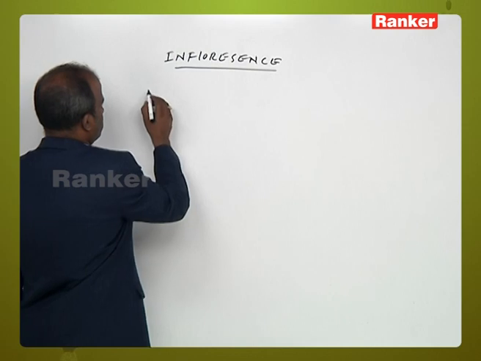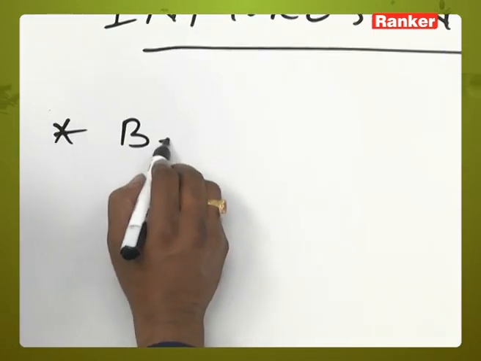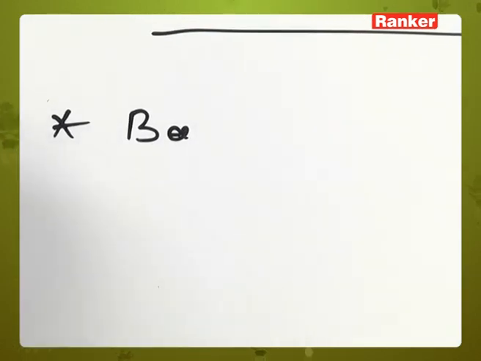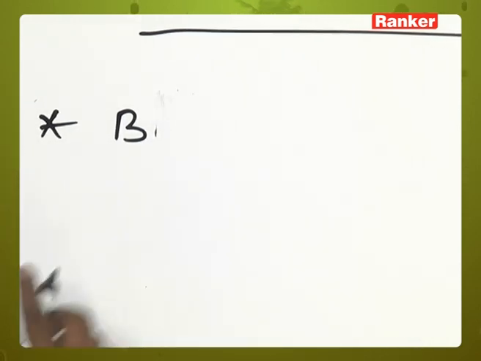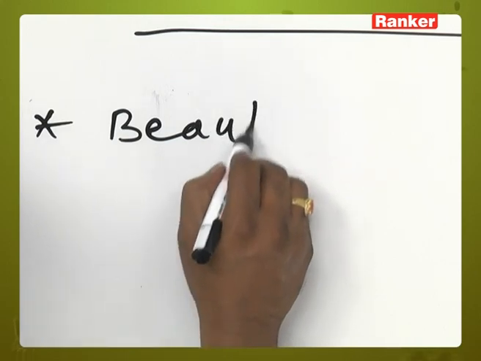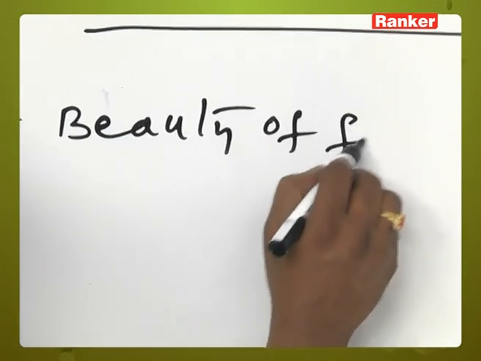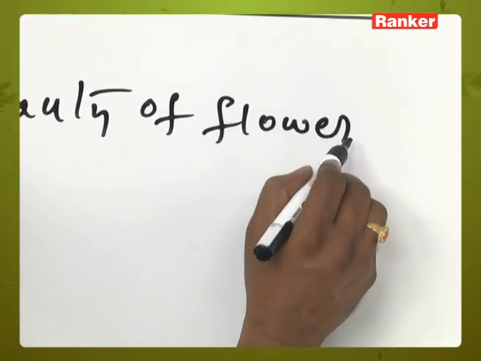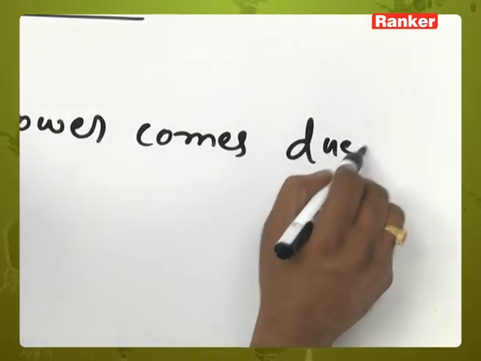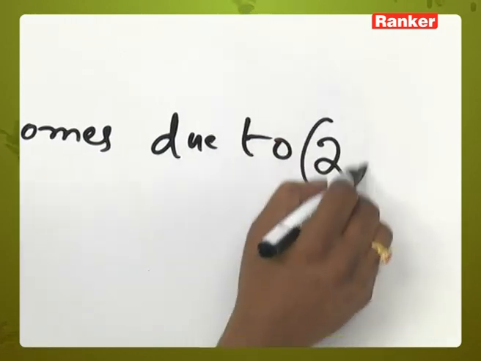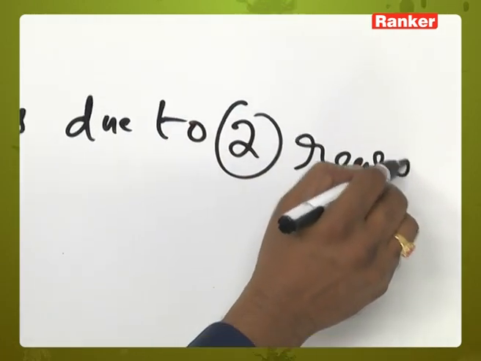Now see here, the beauty of a flower. What is it called as? The beauty of flower comes due to two reasons.